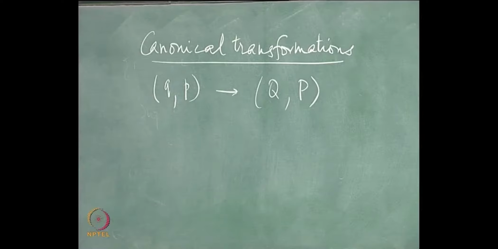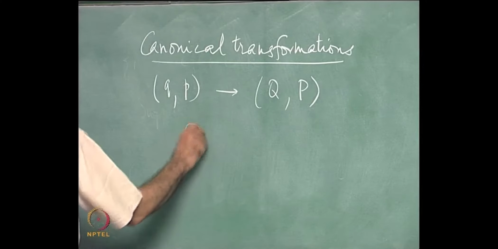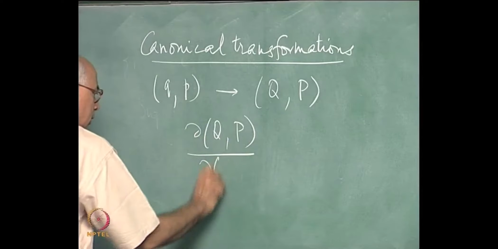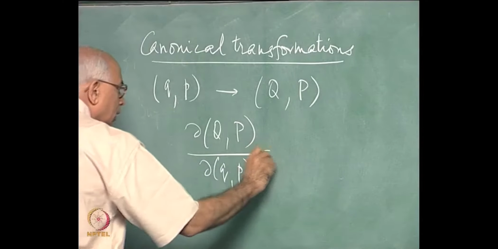And now let us suppose that this change of variables has a very special characteristic, namely the Jacobian matrix determinant of the change of variables to Q, P is equal to +1.